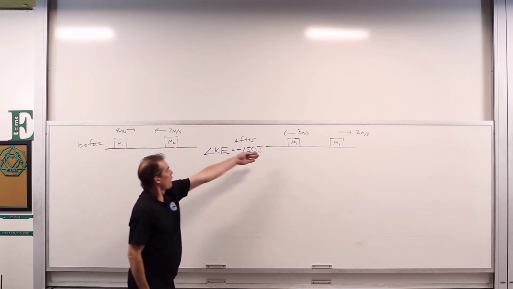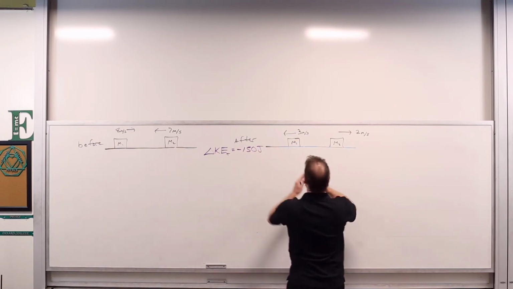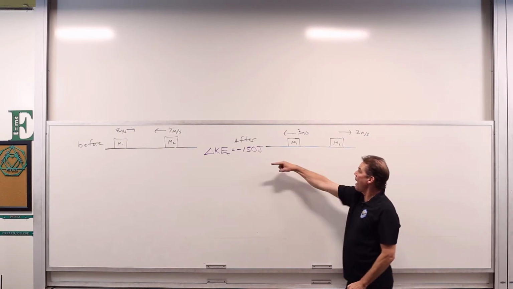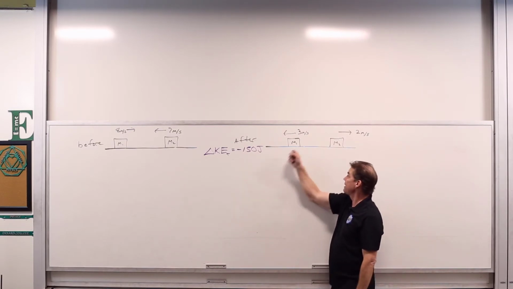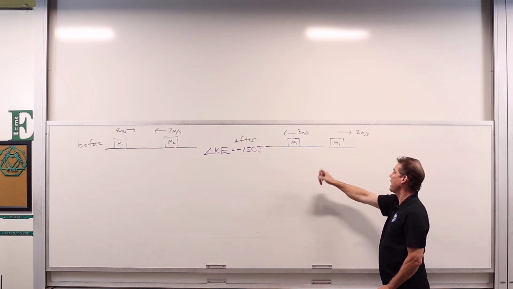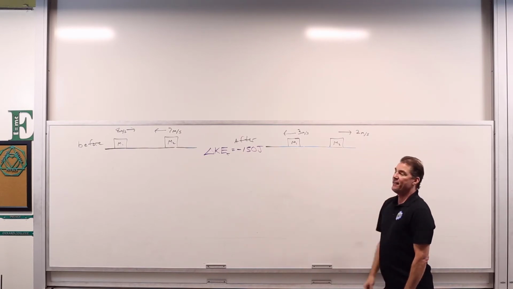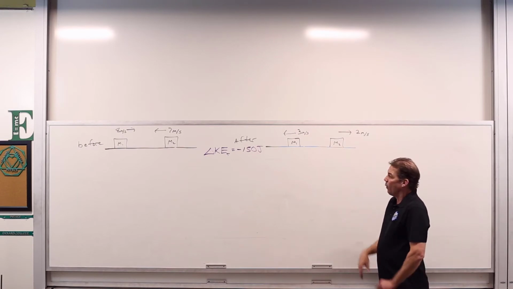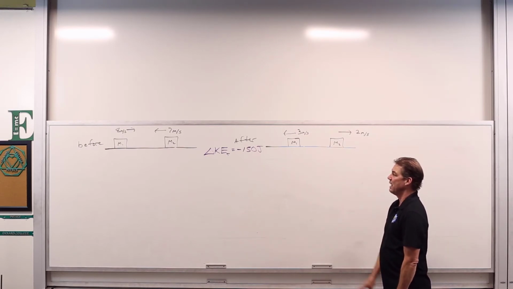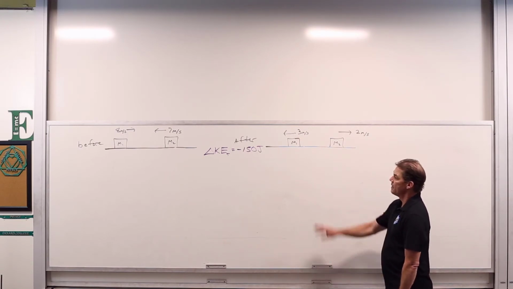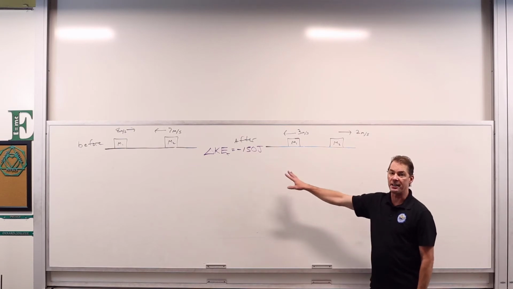After the collision, object number 1 is now going in the opposite direction that it originally was, going quite a bit slower, 3 meters per second. Object number 2 is going that way at 2 meters per second. The question is, what are the masses if this is the case? So we have to figure out how to approach this. There's energy lost.